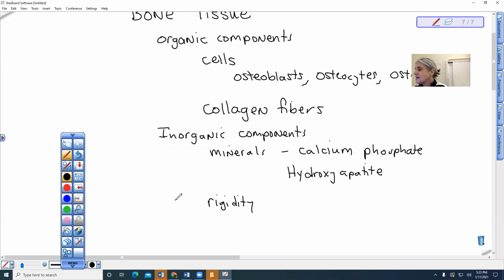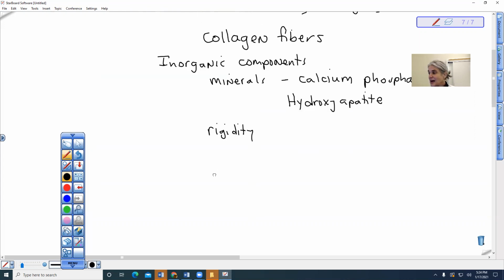Okay. Now, sometimes people could be deficient in calcium. So there is a vitamin that is required for calcium absorption from your food, and it is vitamin D. So if we look at vitamin D deficiency, specifically, like in children when the bones are growing, but could be also in other adults, right?